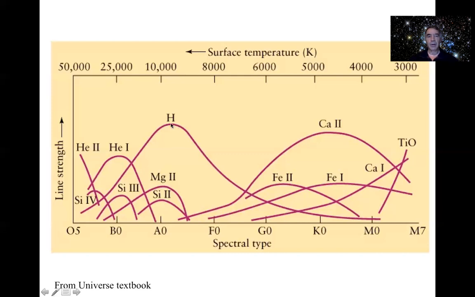Now, I mentioned before that hydrogen is the most abundant element in the star. But you can see lines due to other elements here, even metals like calcium, iron, magnesium, silicon. It doesn't mean that these stars have a huge abundance of calcium.